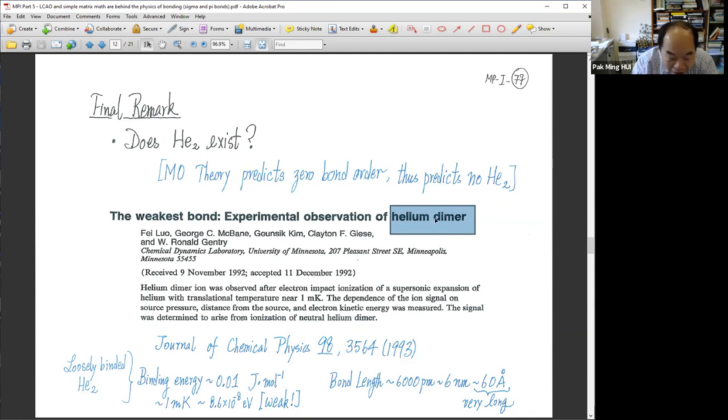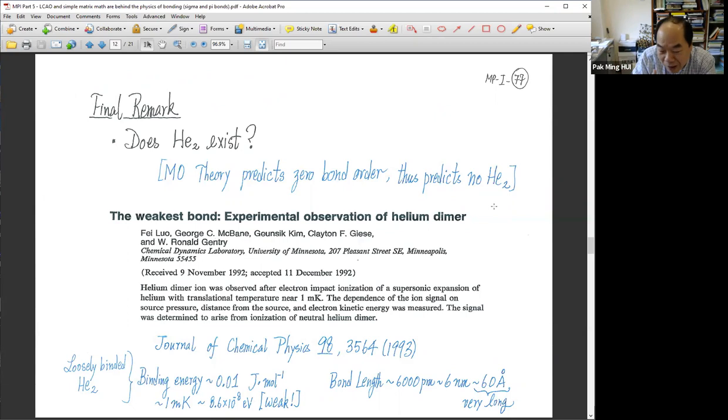Now you may think helium-helium should not bond, right? Because we have 4 electrons, 2 in the bonding, 2 in the anti-bonding, and then you gain something, you lose something, maybe there's no net. Simple picture. And that is mostly true, and I think you can take it as the truth.